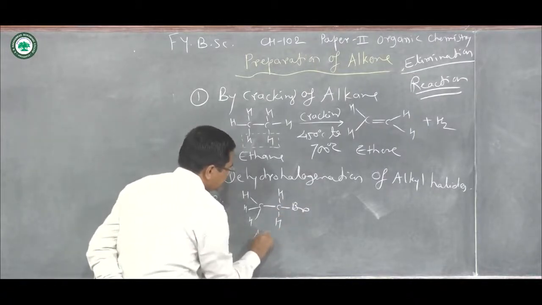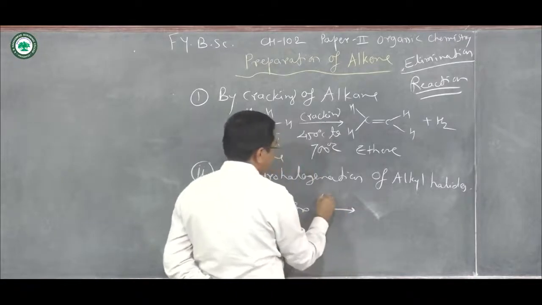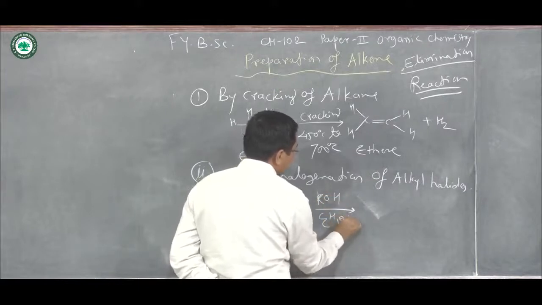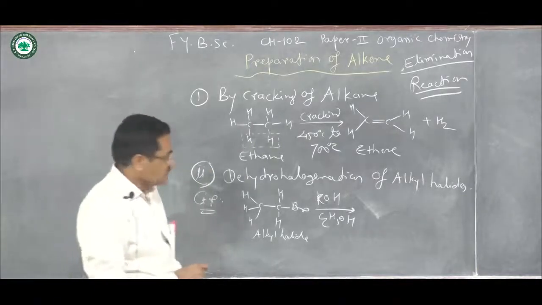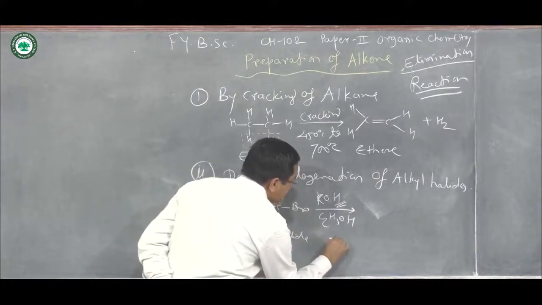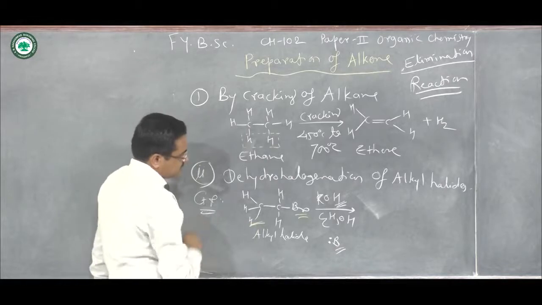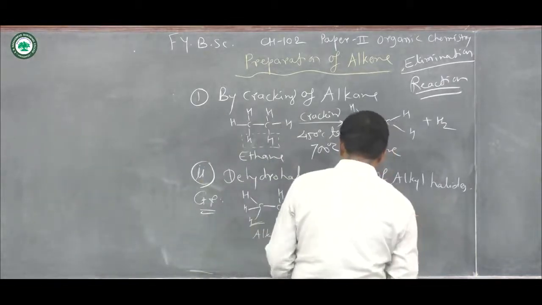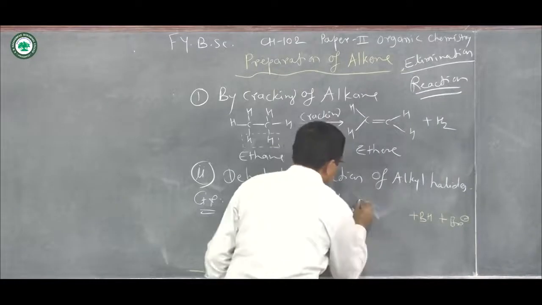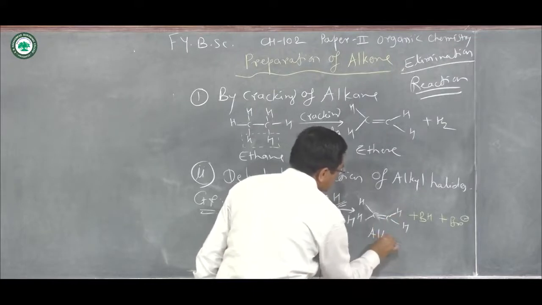This is alkyl halide, in presence of KOH and ethyl alcohol, means here this OH is considered as base, and what happened, this Br and this H is removed in the form of HBr, and we obtain alkene molecule.